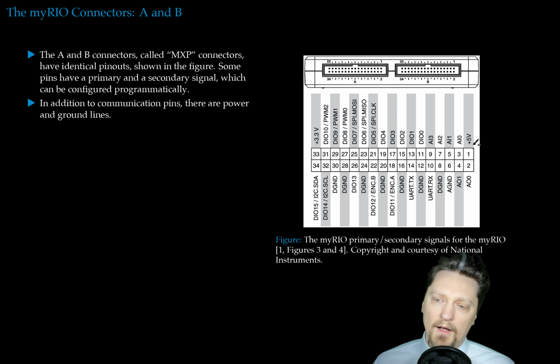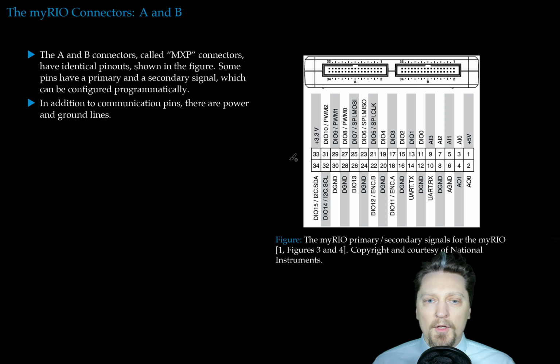So you see we have 1 being plus 5 volts, 2 being analog out 0, 3 being analog in 0, 4 being analog out 1, etc. There's the analog ground, digital ground. There's a bunch of digital input and output pins. And some of them have a primary and a secondary, like pin 18 has digital input output 11 on it, and it can also be used for the secondary purpose of encoder A as well. So we can do encoder counting.